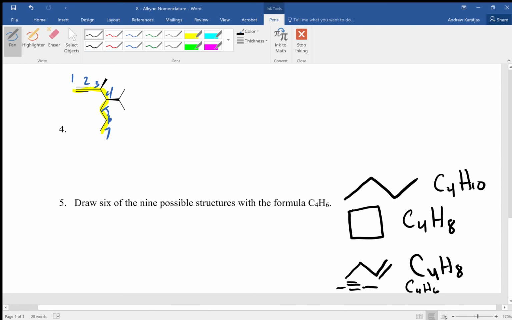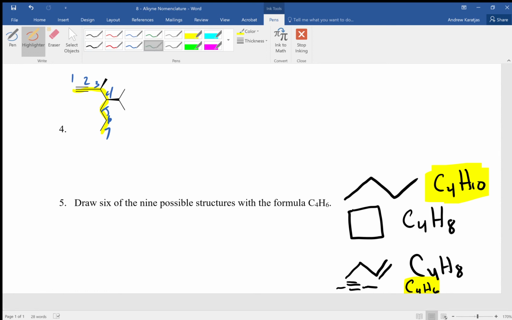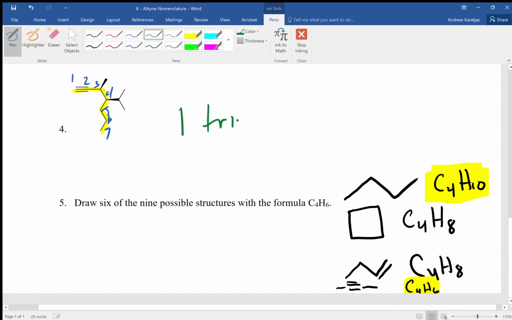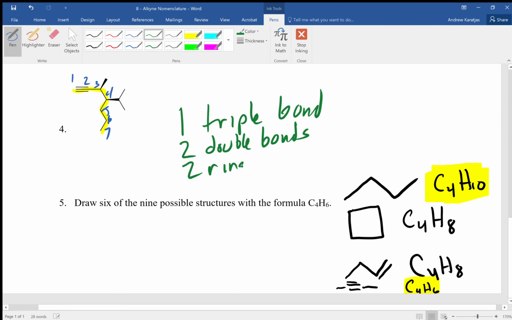So the way we're going to get from C4H10 to C4H6 is we can do any of the following. 1 triple bond, 2 double bonds, 2 rings, or 1 double bond and 1 ring.